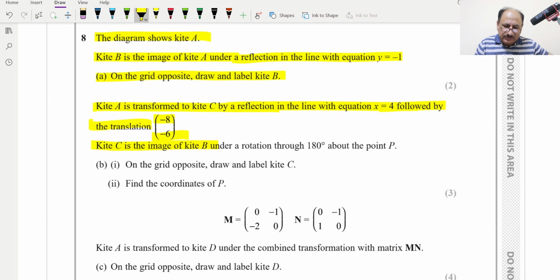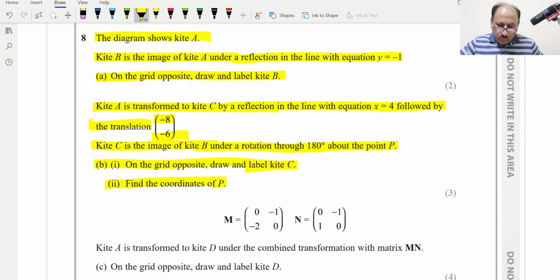Kite C is the image of kite B under a rotation through 180 degrees about the point P. So on the grid opposite, draw and label C, and then find the coordinates of P.